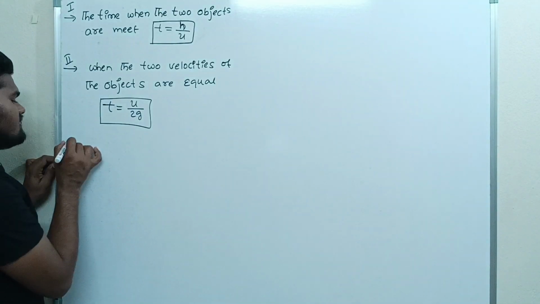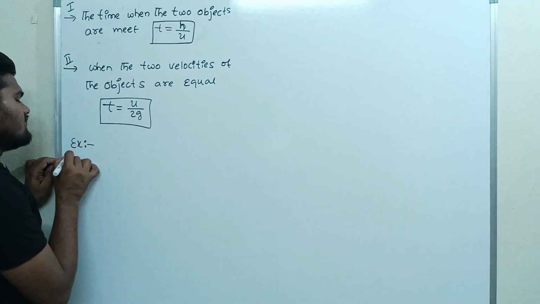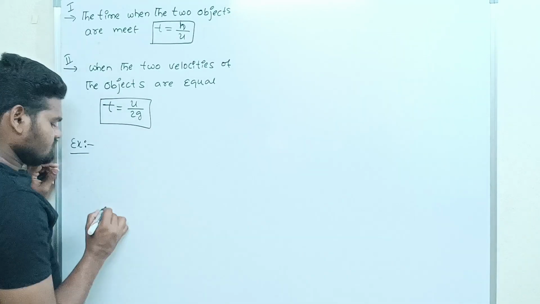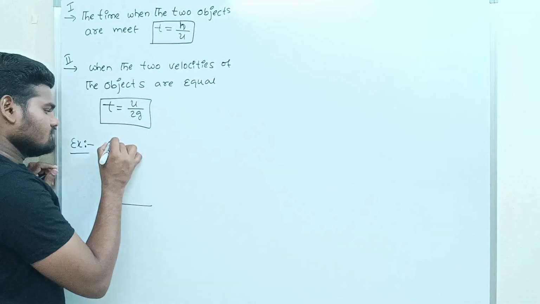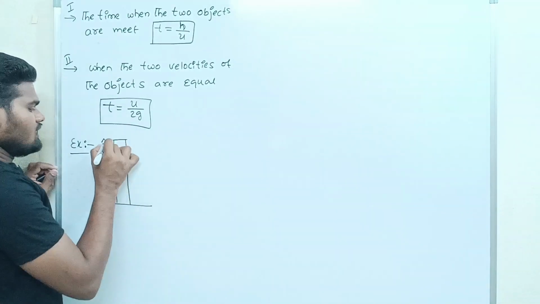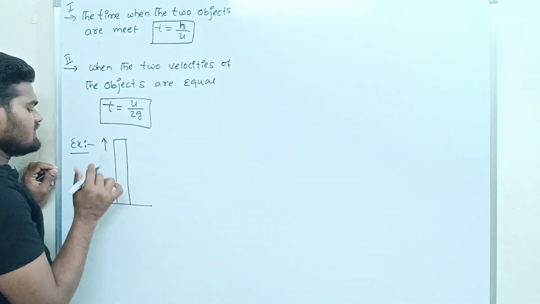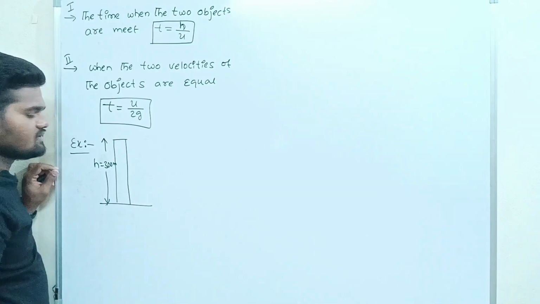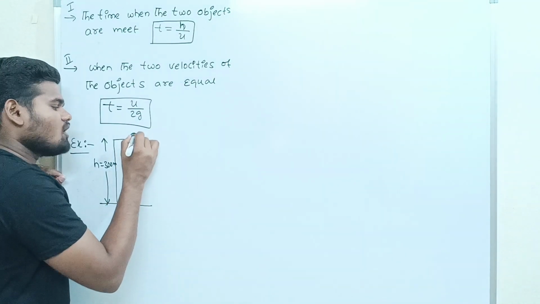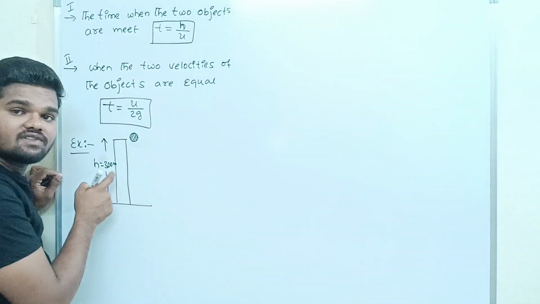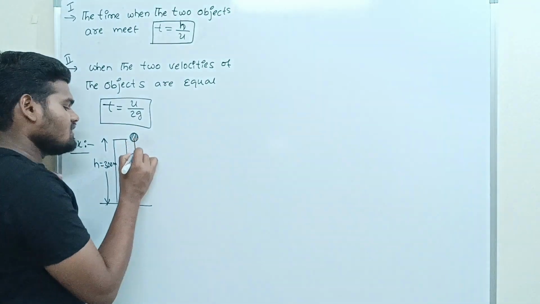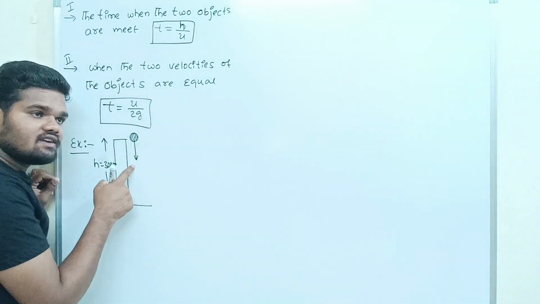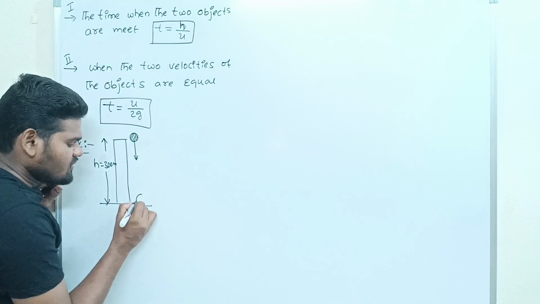Okay, let us see one example problem. The height of this building, let us say h, is equal to 300 meters. An object is dropped from the height h equal to 300 meters of the building towards the ground.